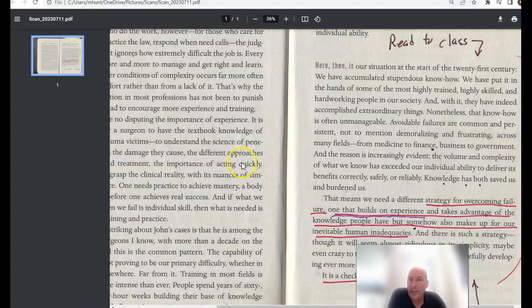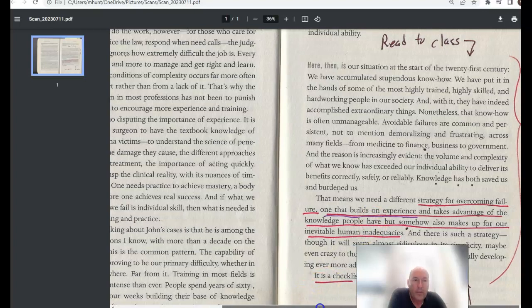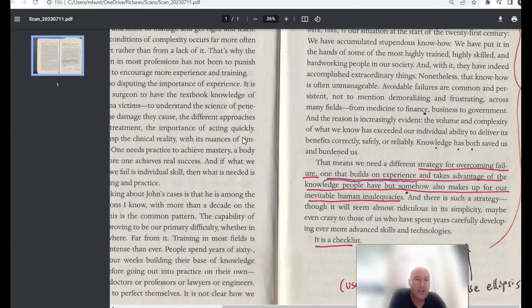He has told two stories in this introduction. They are two medical situations that didn't go well, and it's because they made simple mistakes.